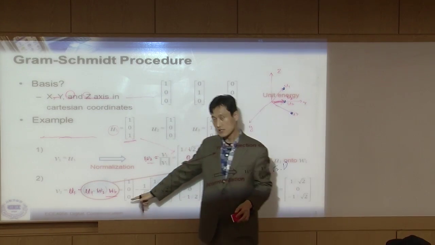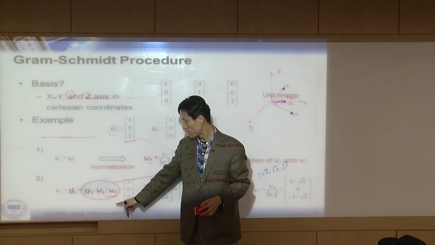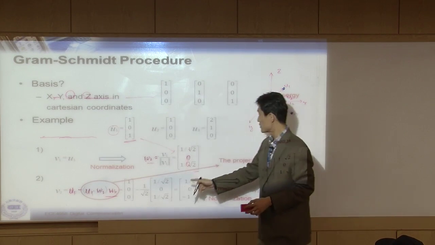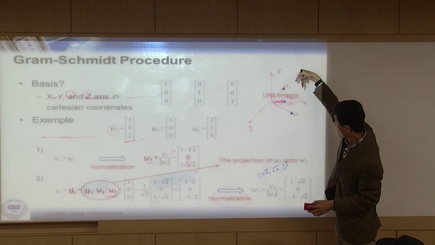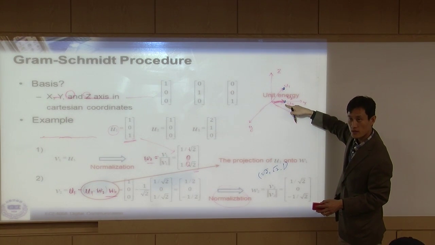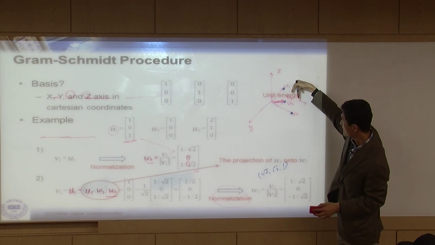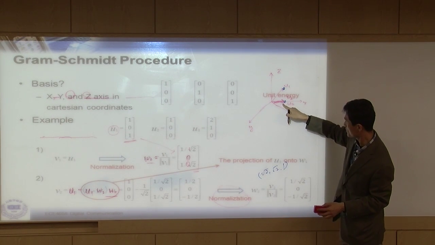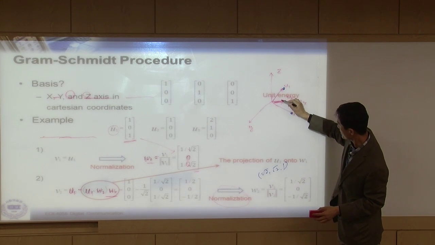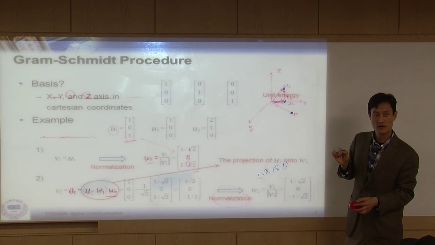So we're going to calculate this one. What is this? That's the projection of U1 onto W2. So we make this U1 projected to W2, and take U1 minus this projection. Once you take U1 minus this projection, what do you get? You get that vector.